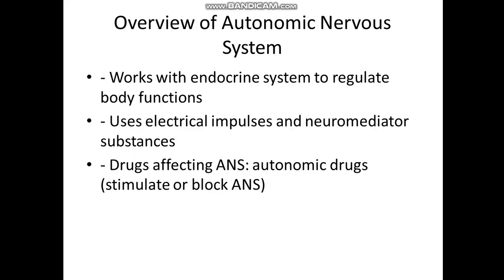Those substances responsible for carrying the electrical impulses are known as neurotransmitters or neuromediator substances. Drugs which affect the ANS, the autonomic nervous system, are known as autonomic drugs.